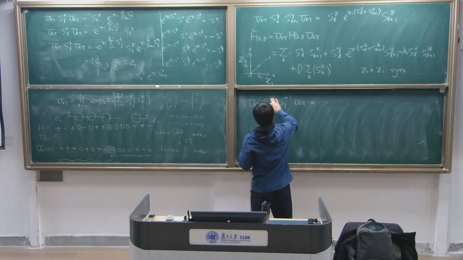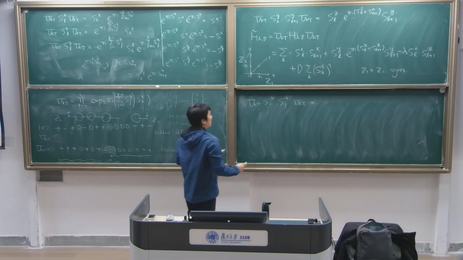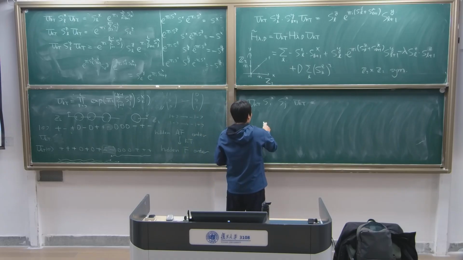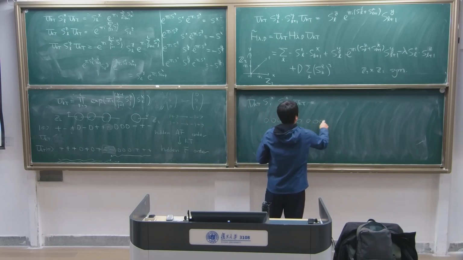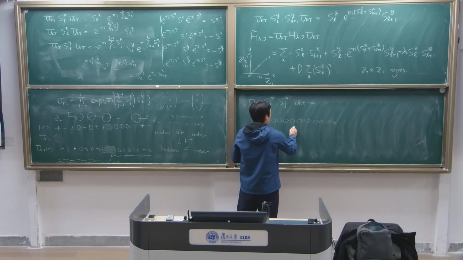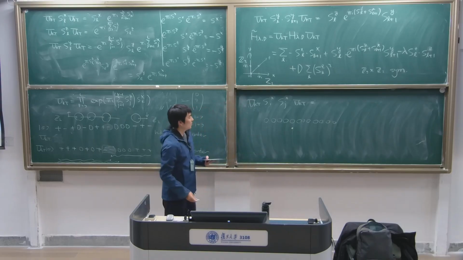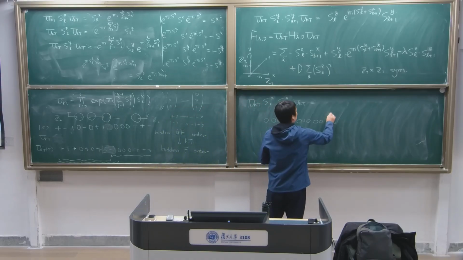Suppose you have x and x. The schematic figure is something like you have a site like this one. As I mentioned, the string. So if you have an x at site i and site j is here, something like this one.